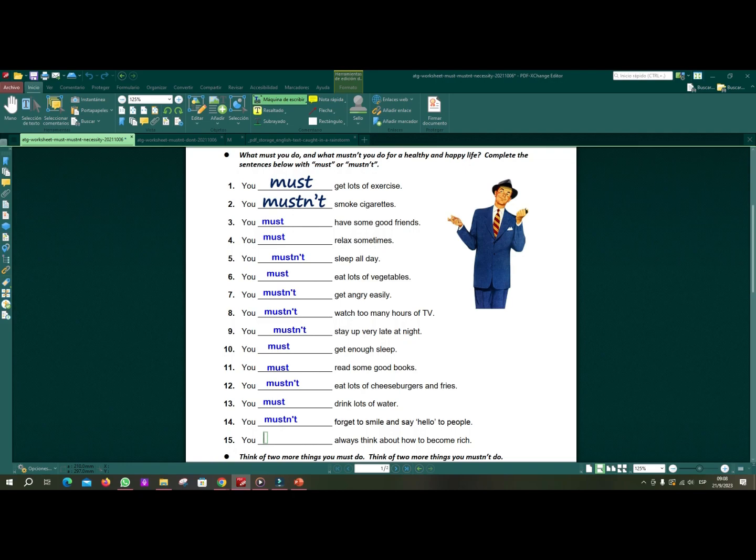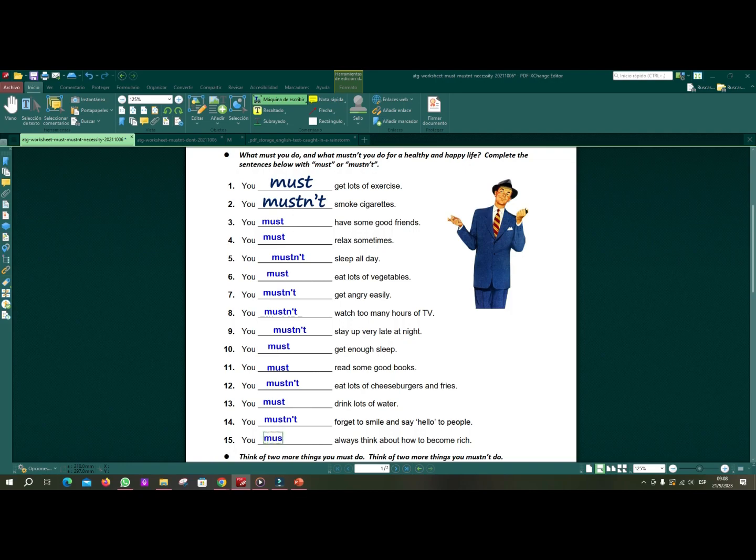What about the last one? You always think about how to become rich. Do you think or do you consider that would be like a good habit or that would be healthy for you? You have to be thinking, how can I become a millionaire? How can I have money? That is mustn't, right?